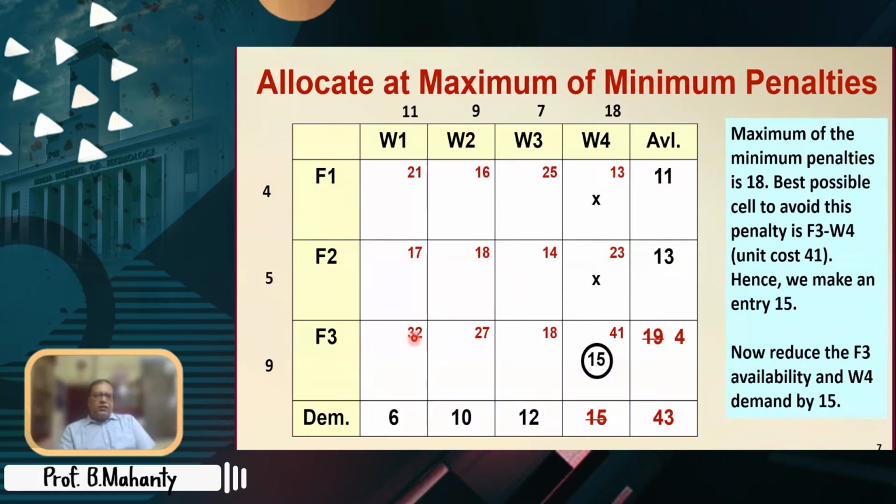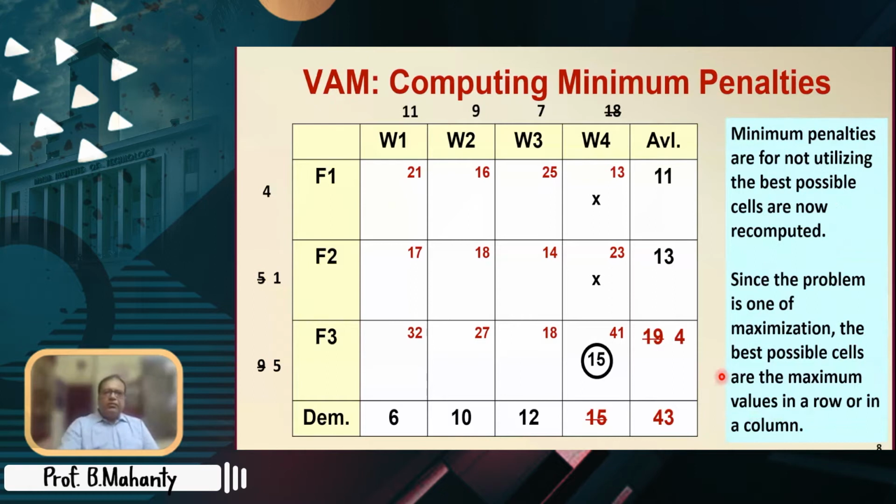And this one, 32 minus 27, should be 5. Right? So this should be 5, this should be 1, this 4 should remain, and these 3 are unchanged, 18 should be crossed. So that is how the new penalties are calculated. Is it not? 4, 1, 5, and 11, 9, and 7.